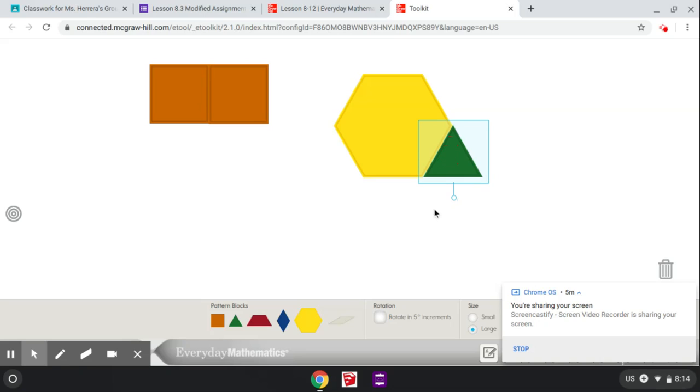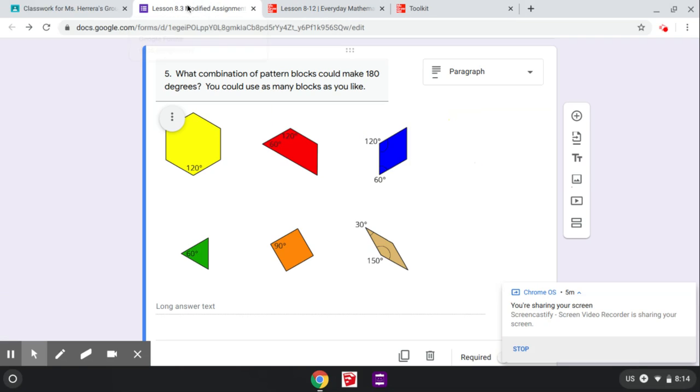And look, if you put both of those angles together, this is 120 degrees, this angle here, 120, and the angle in the triangle is 60. And 120 plus 60 is 180. You could have also done the trapezoid is 120 plus the triangle, right?